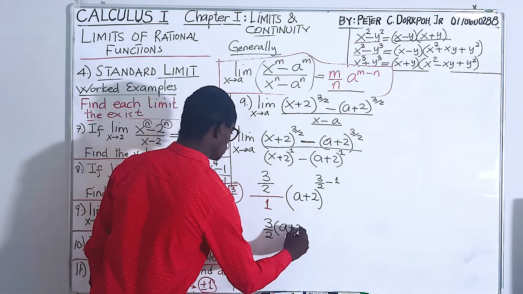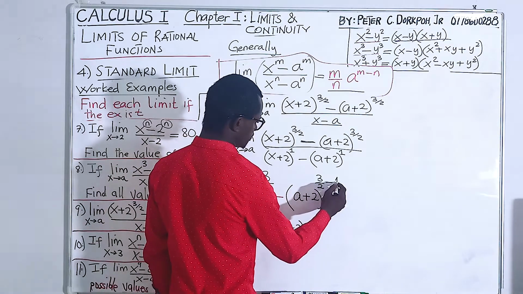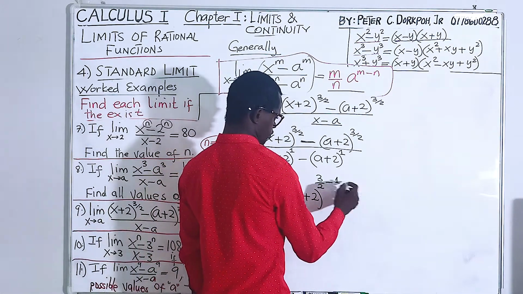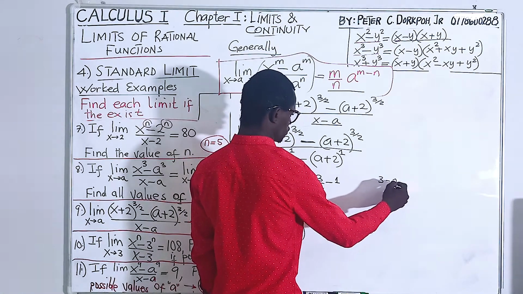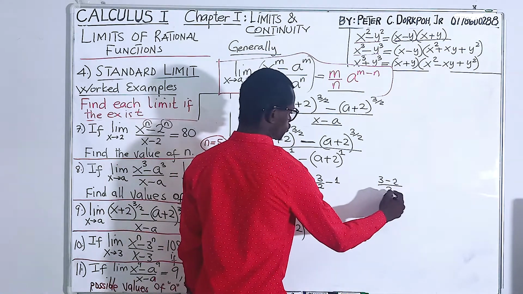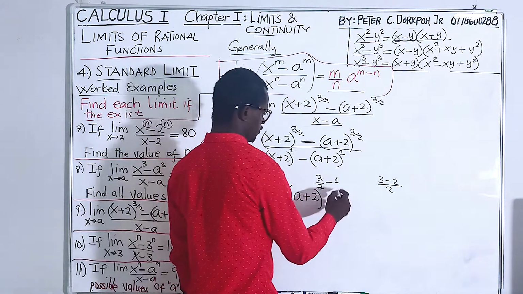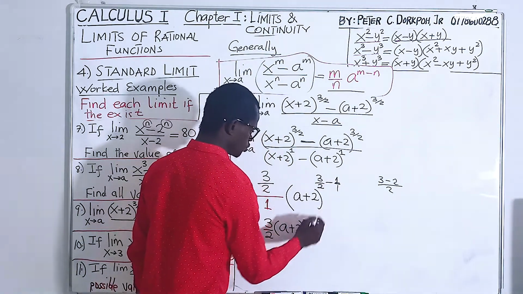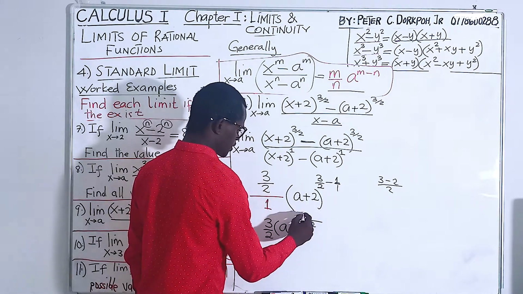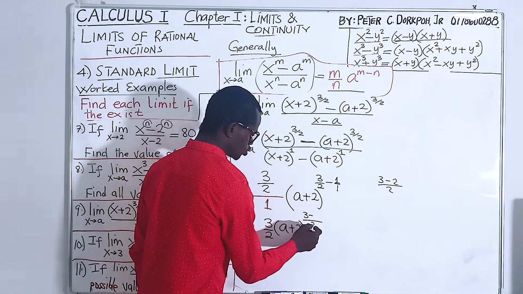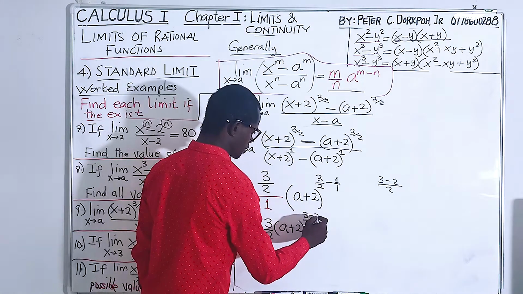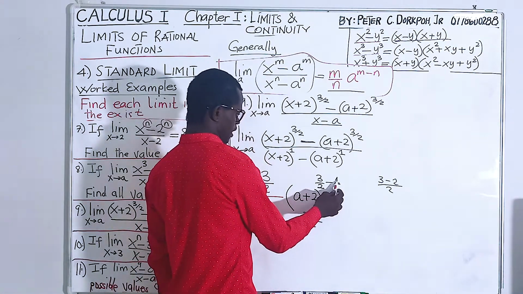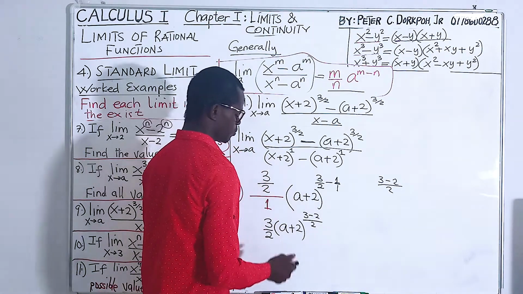This is a plus 2. Now, 2 times 1 is 2, right? So it's like 3 minus 2 all over 2. Because if you want to find the LCD, you can say the LCD now is 2. 2 into 2, 1 times 3 is 3, minus 1 into 2, 2 times 1 is 2. Or you can just say 2 times 1 minus 2 straight. Minus 2 plus 3 will give you positive 1.